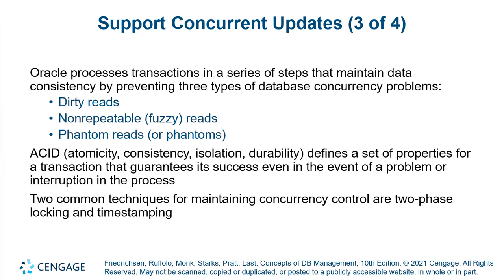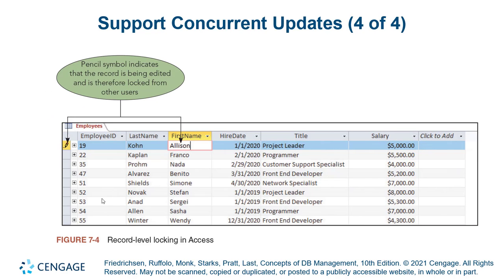And the other one is two-phase locking, which just blocks other transactions that are trying to access the same data from occurring while another transaction is completing. Good. Yeah. So there's that same screenshot, having that record locked in Access. Good. So that's supporting concurrent updates.